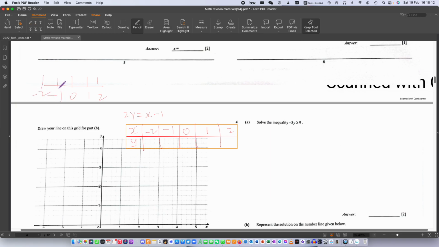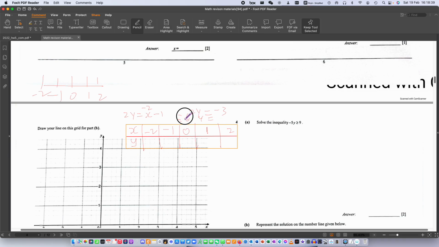Okay? So once you get this, can you quickly give me the answer? I want to create my own table. So basically I give you minus 2, so what is y? Negative 3. 2y is equal to negative 3. So you still need to have y is equal to, so you divide by 2.